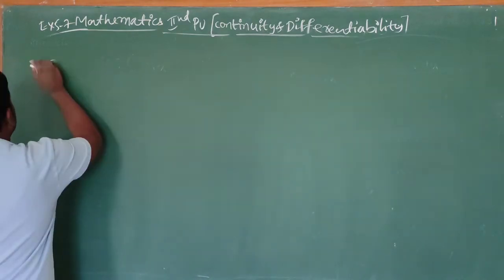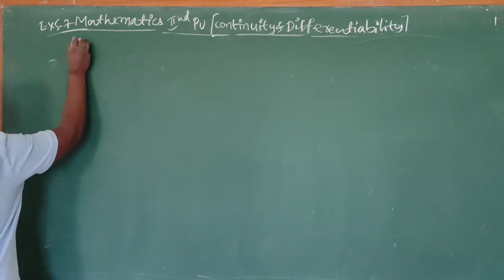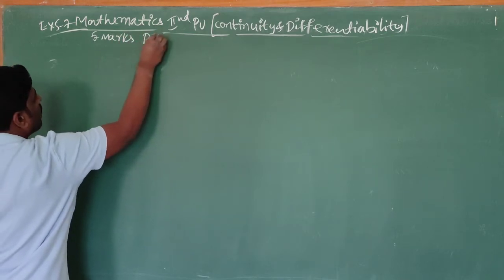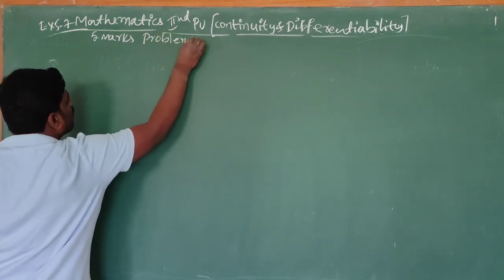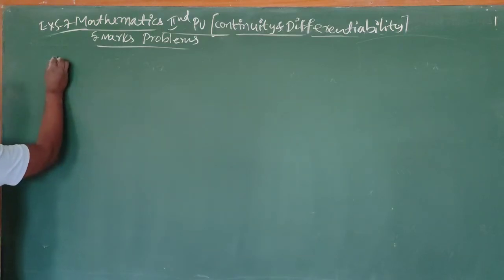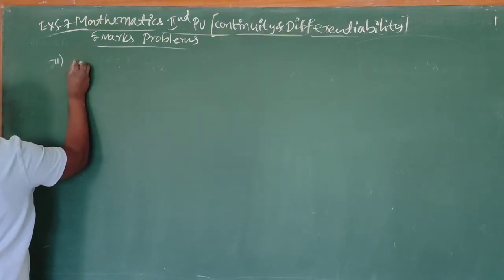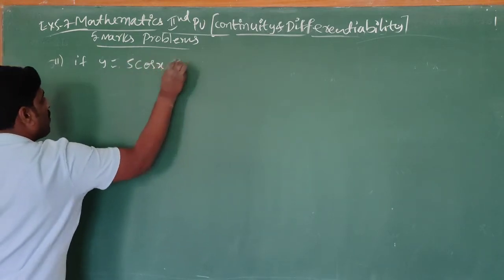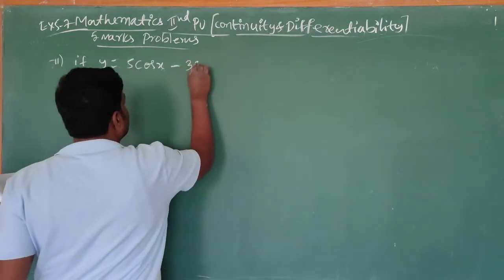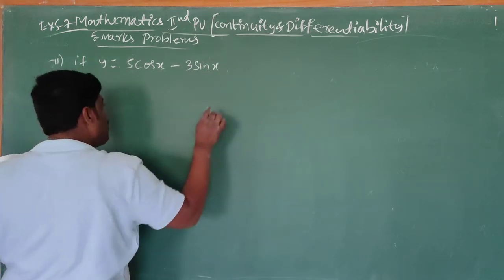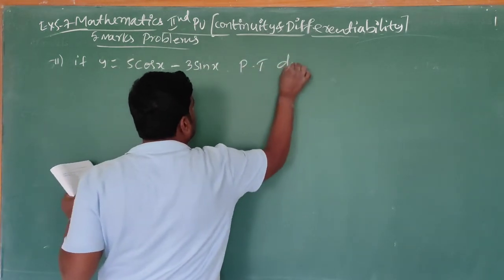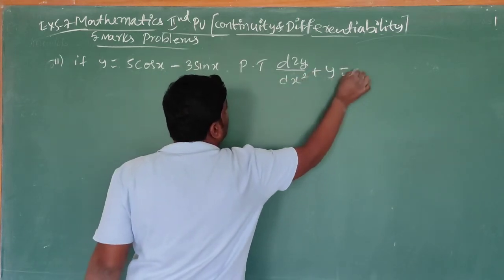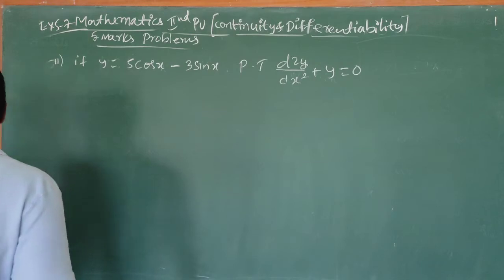Next problem, 5 marks problems. So 11th problem, if y is equal to 5 cos x minus 3 sin x, prove that d square y by dx square plus y is equal to 0.